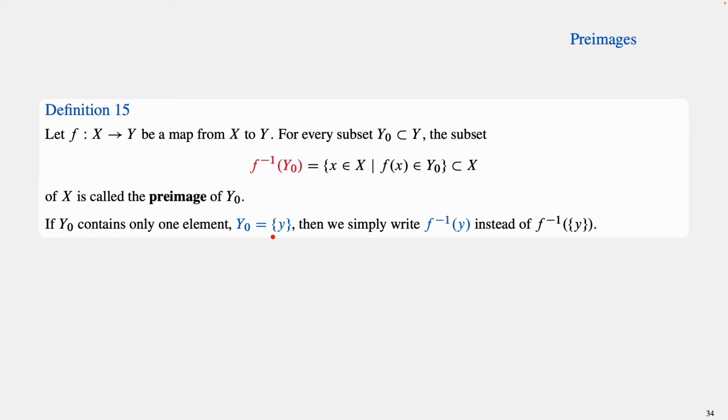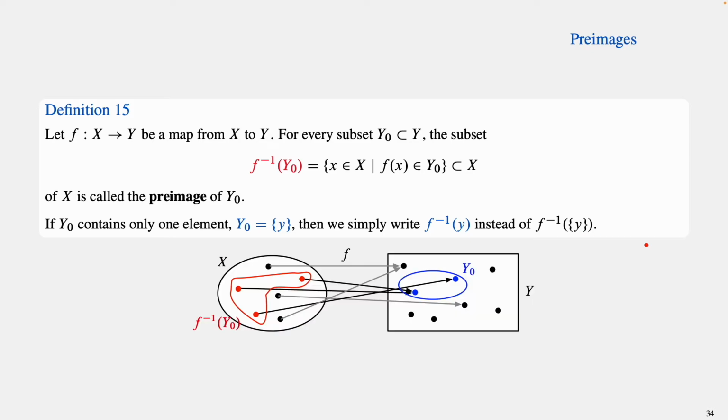And we simplify the notation a little bit if we look at the pre-images of single elements. So if the subset Y0 contains only one element, then we simply write f^-1 of y instead of f^-1 of the set containing y. Again, I hope this image here clarifies this.